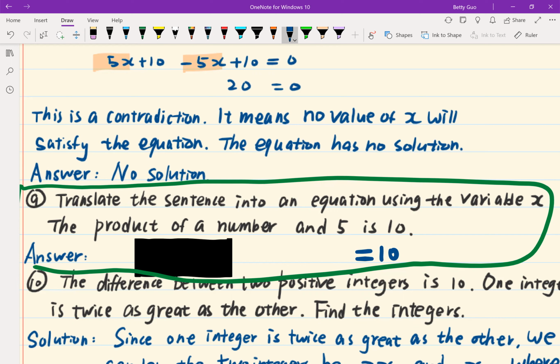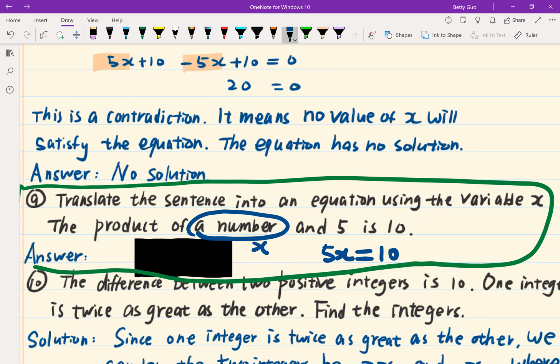A number, we can let the number be x, right? Yeah, the product of x and 5. How do we write the product of x and 5? X plus 5, x minus 5, x times 5, right? Or 5x, correct?